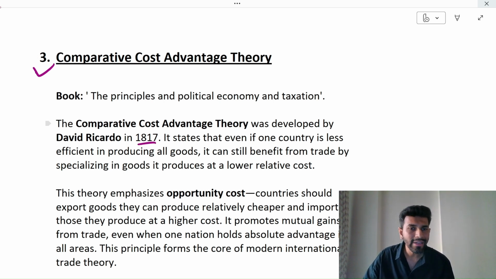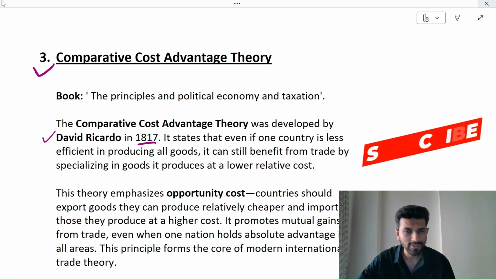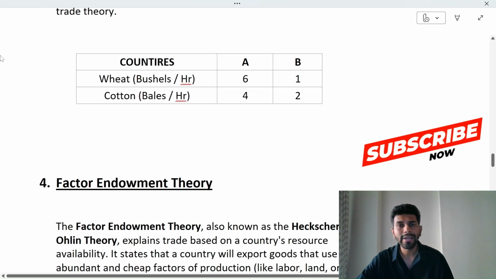In the year 1870, David Ricardo wrote a book called The Principles of Political Economy and Taxation. He said that even if one country is specialized in producing both commodities, still international trade is possible. Let's take an example and understand how.